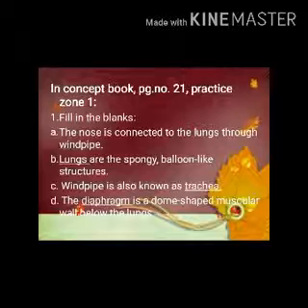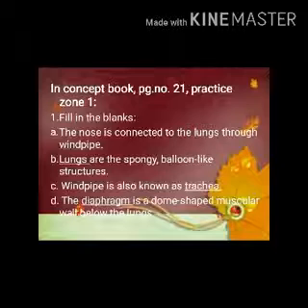The first question: the nose is connected to the lungs through the windpipe. The second question: lungs are the spongy balloon-like structures. Very good. Third: the windpipe is also known as the trachea. Very good. And the fourth: the diaphragm is a dome-shaped muscular wall below the lungs.